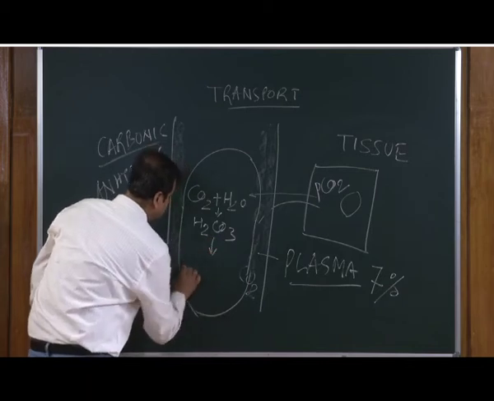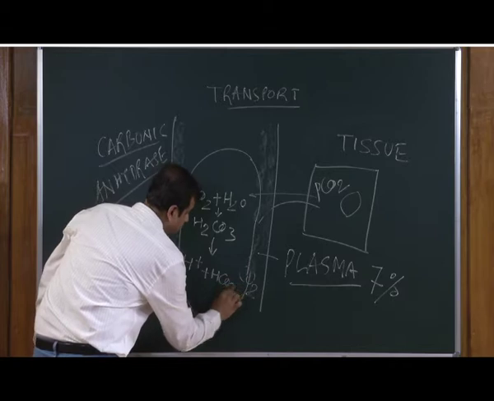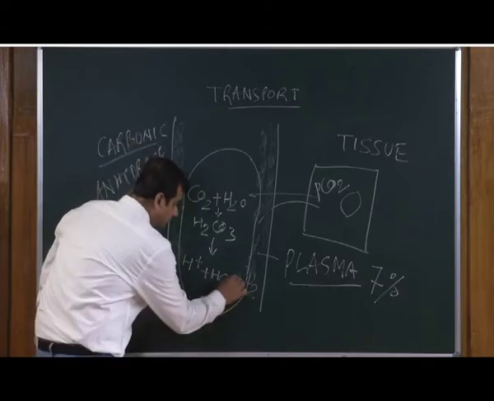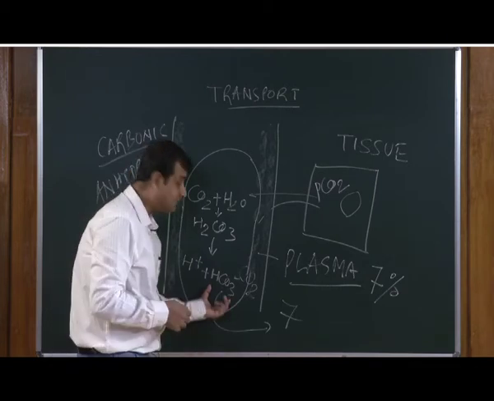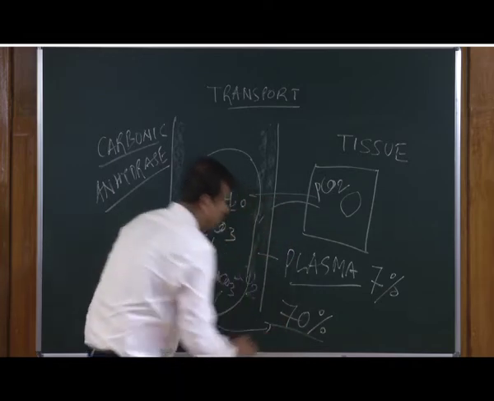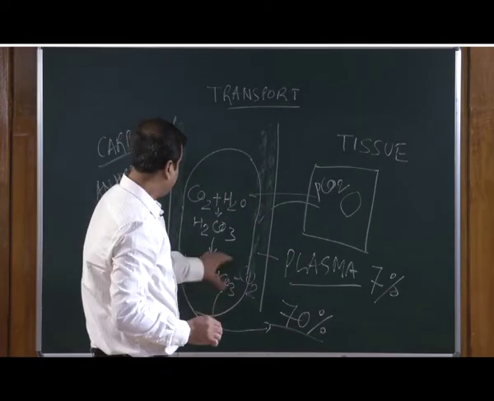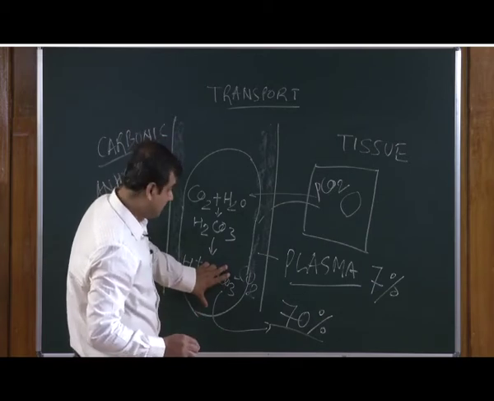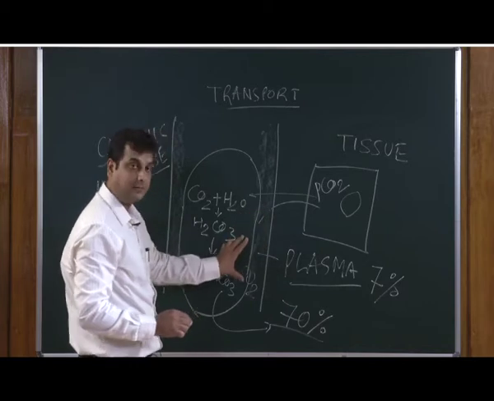The H2CO3 is getting dissociated into H plus and HCO3 minus ion. This HCO3 minus is called bicarbonate ion. This bicarbonate comprises 70% of the total transportation of CO2 in the blood. So, this bicarbonate ion is the major ingredient which is transmitting CO2 from this blood capillary.